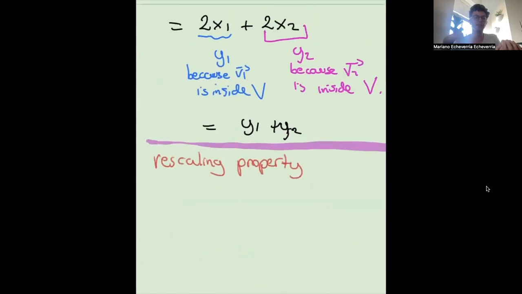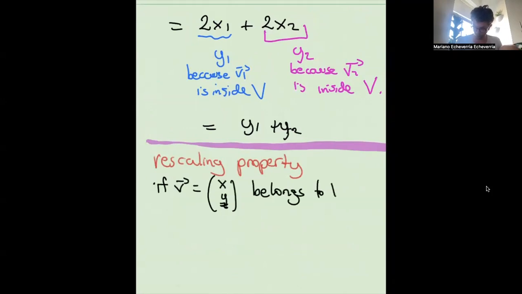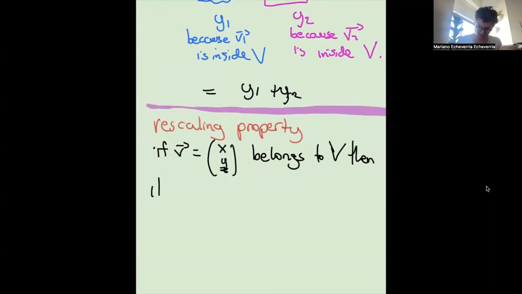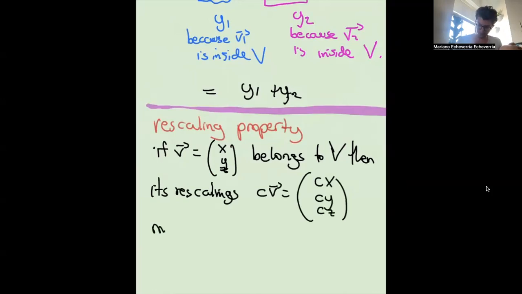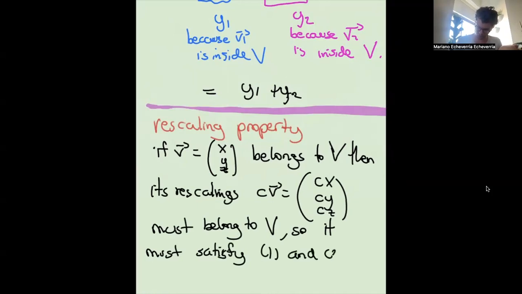What the rescaling property says is that if a vector belongs to V, its rescalings must belong to V. So if v belongs to V, then its rescalings must belong to V. So they must satisfy equations one and two.